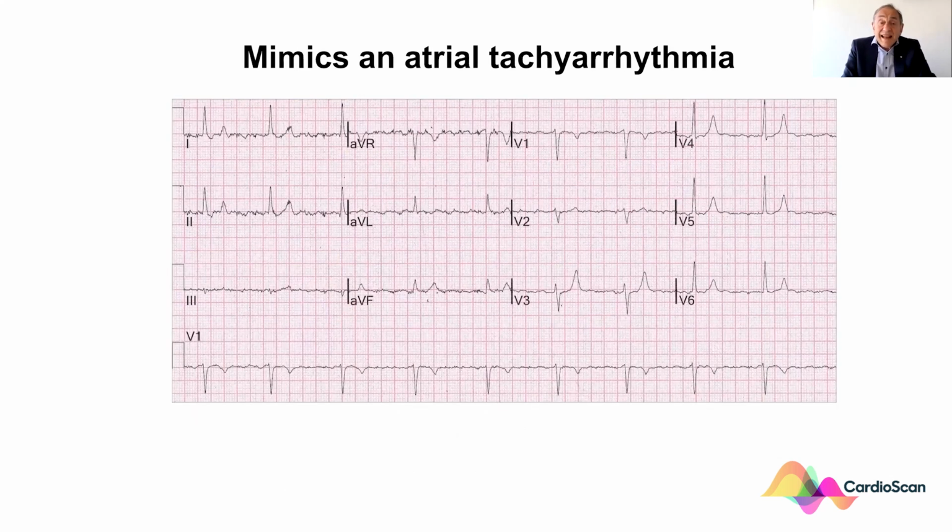Here is another atrial tachyarrhythmia, which is in fact a normal rate and regular, and you can see that it is only in the limb leads. So there is an issue there with abnormal movement or some other artifact causing this.